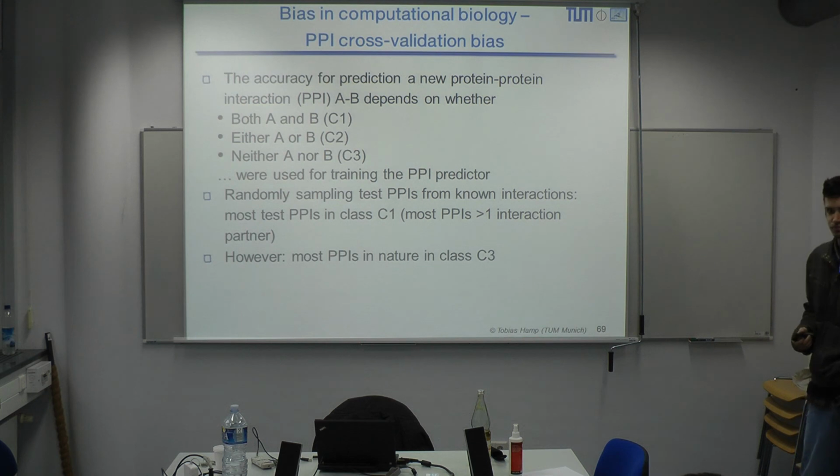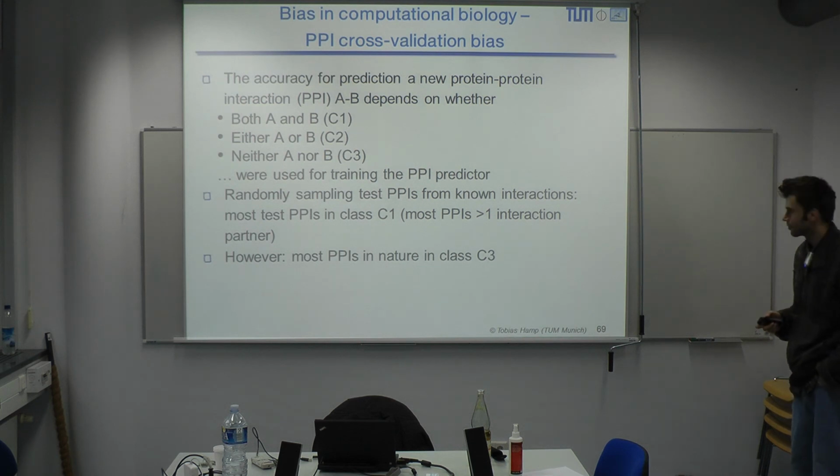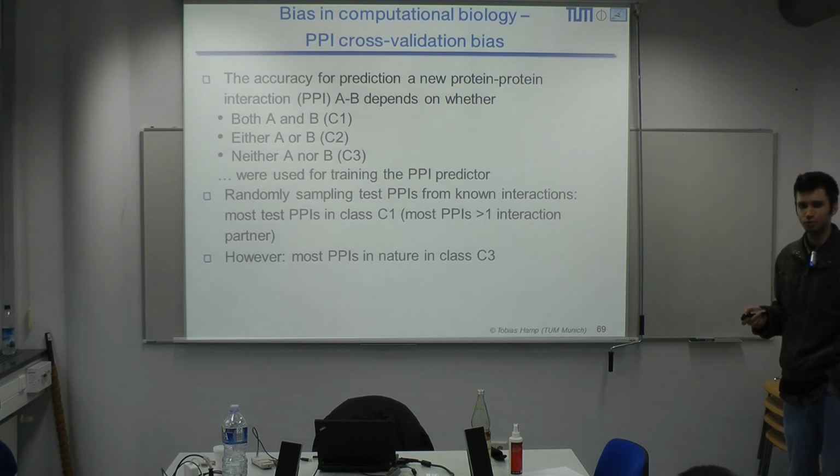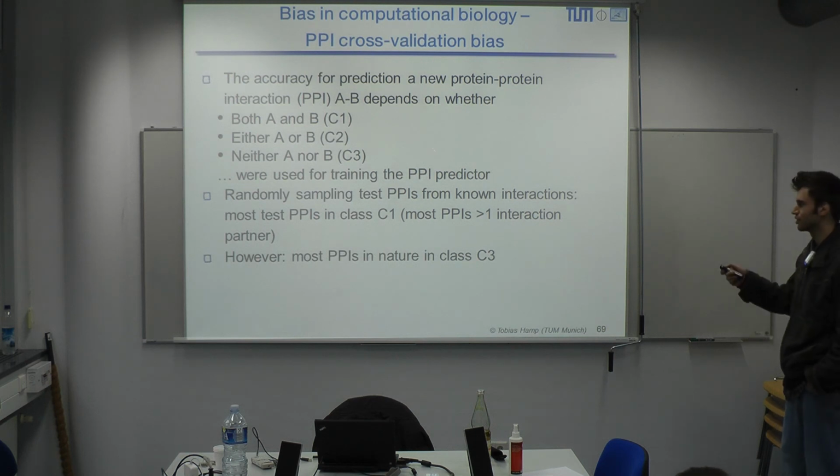So-called interaction bias. This was discovered in 2012 and affects basically any sort of protein interaction predictor that has been published before that. So you now have about 50 to 100 papers published in various journals, Nature, Science, which are put into question.